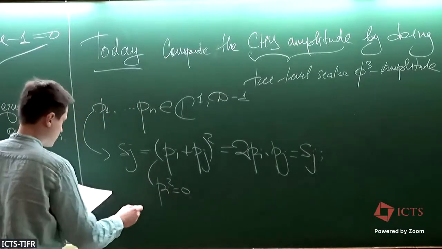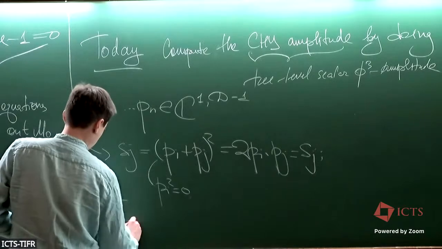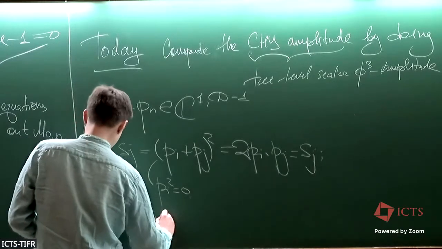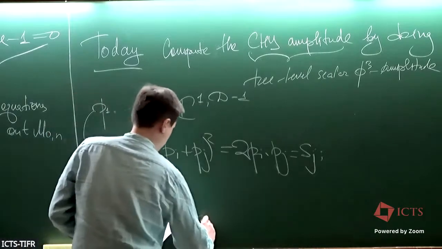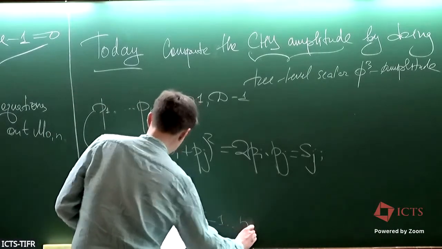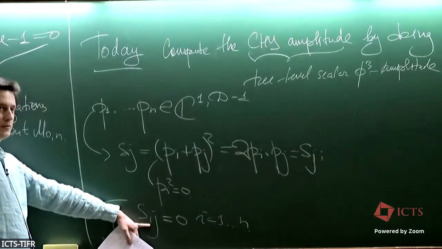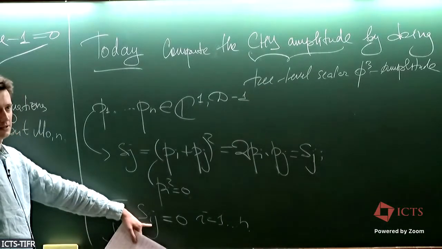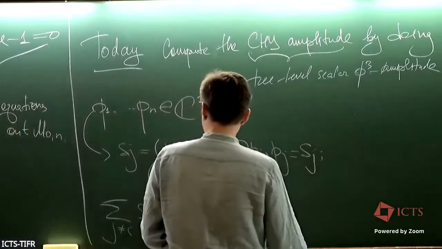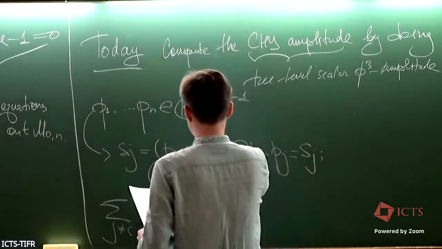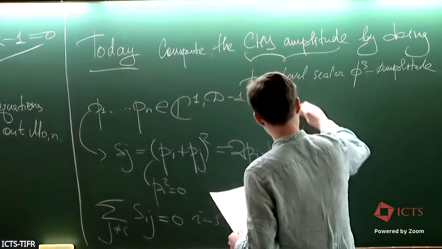Momentum conservation, rewritten in Mandelstam variables, is a bunch of equations. For each i, we have an equation which says that if we sum all the Mandelstam invariants that involve the particle i, we have to get 0. Now we will use the Mandelstam variables. So those are the Mandelstams.